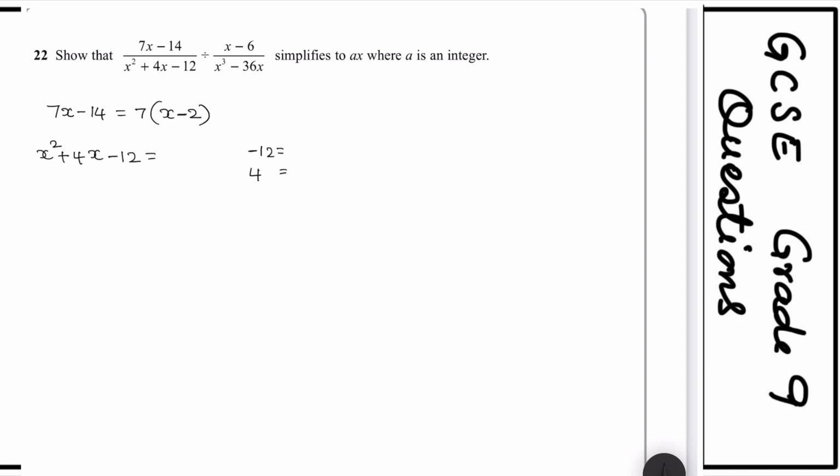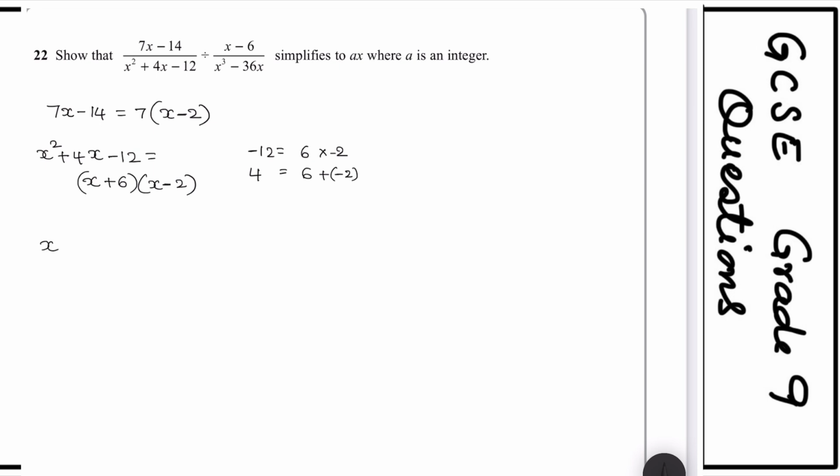Factors of minus 12 that add to 4. So 6 times minus 2, and 6 add minus 2 will give us 4. So the factors are x plus 6 and x minus 2.